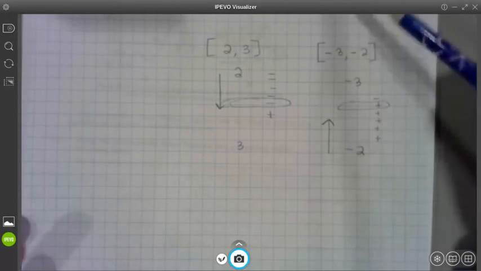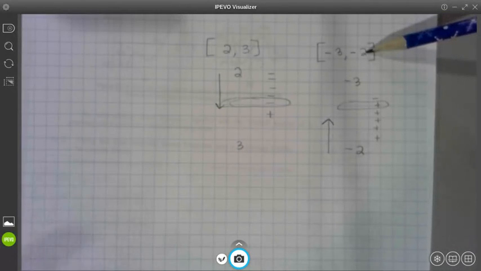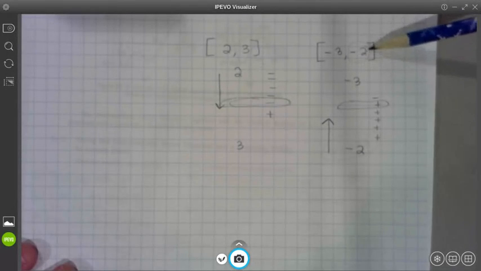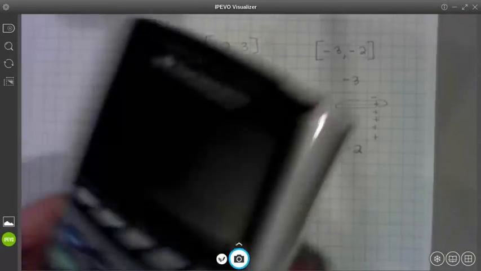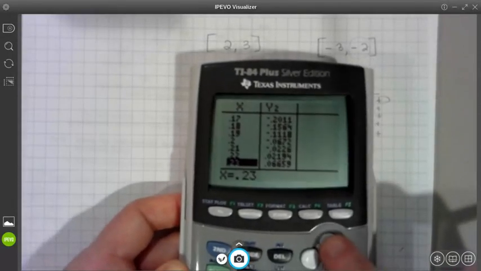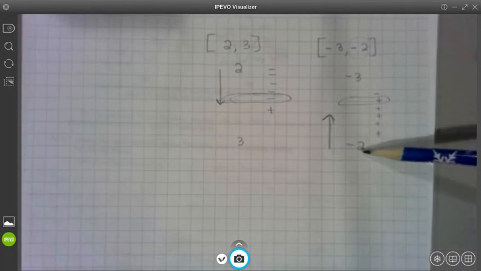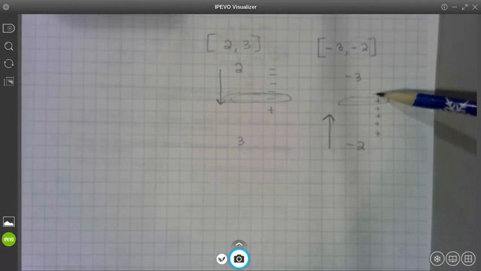Now, if it's a negative interval of x, right, -3 to -2, well, what we were finding last year on my math lab is start your table at -2, all right, and scroll up on your list. So start it at -2, and then instead of scrolling down, scroll up until you see the y value change sign. So start it at -2, and let's say it was positive, positive, positive, positive, positive, and then it switched to a negative.